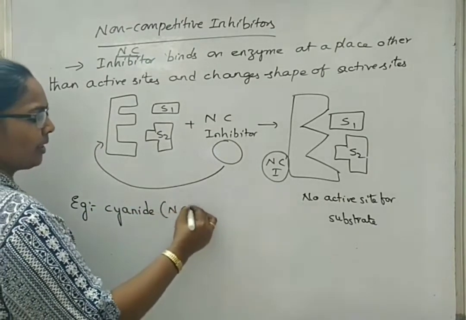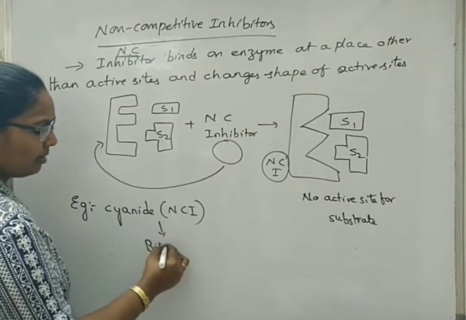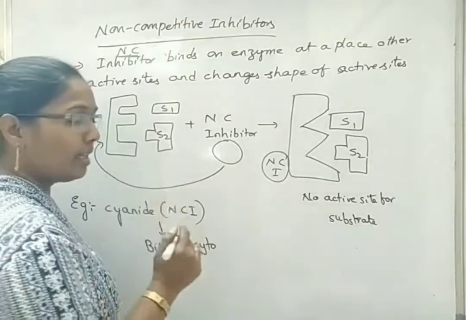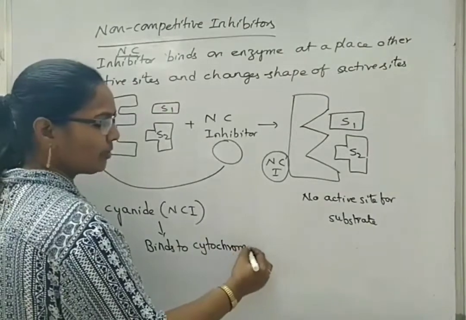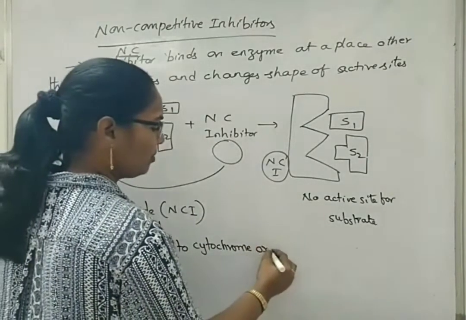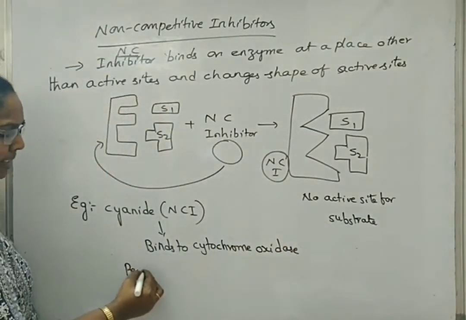Here also we can take one best example like cyanide. Cyanide is non-competitive inhibitor. It binds to cytochrome oxidase, the fourth complex in electron transport system, where one water molecule is formed for every NADH or FADH breakdown. Another example, penicillin.